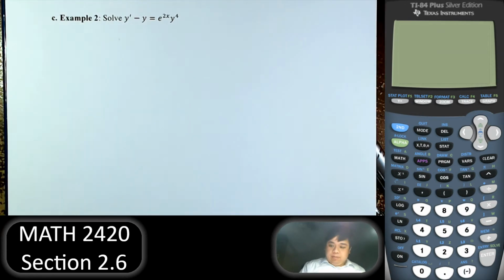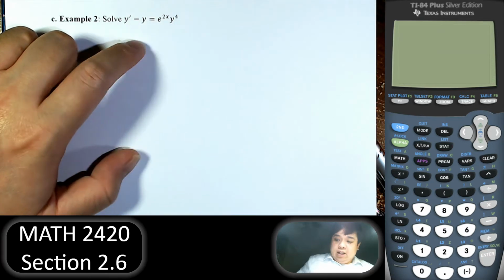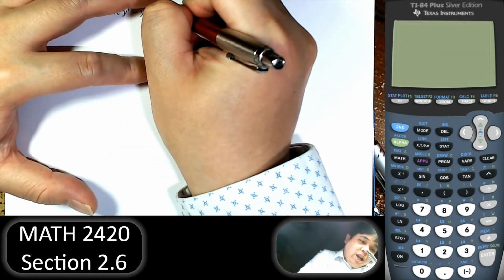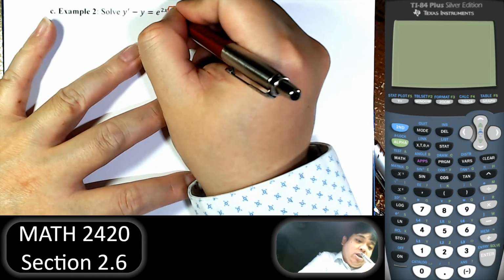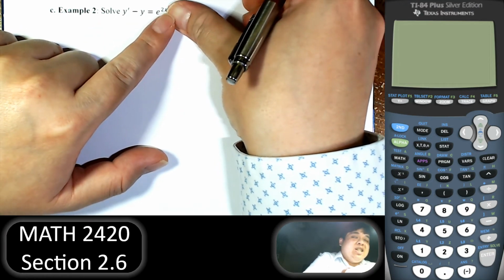Right, so here's some more examples. So this equation, once again, has to be in the standard form of a linear first order equation. Because we have the y to the 4th attached to it, this is a Bernoulli equation, because without that, this is a linear first order equation in standard form.